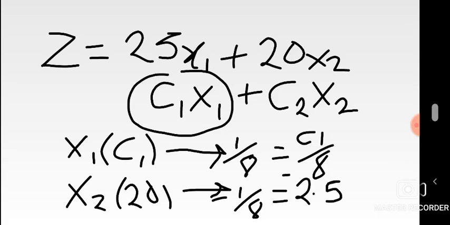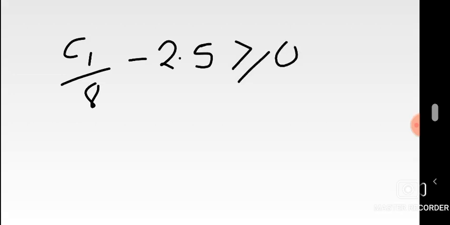Then how do you now represent this? What next from here? Well, you found this, right? Just do this. You're trying to get those ranges. So you will say, okay, you got c1 over 8, and then you had your minus 2.5, and we will just say that they are greater than but equal to 0.